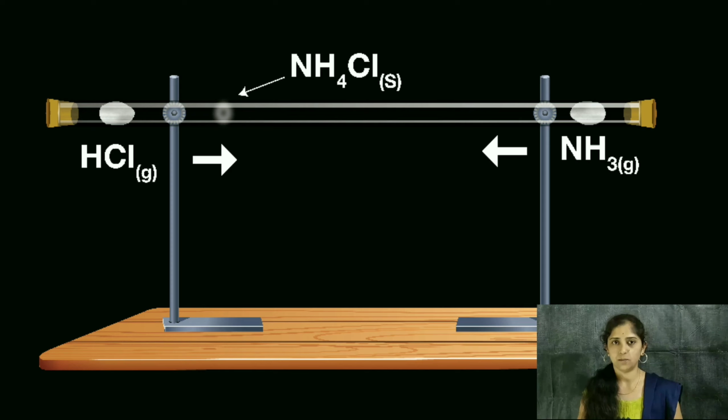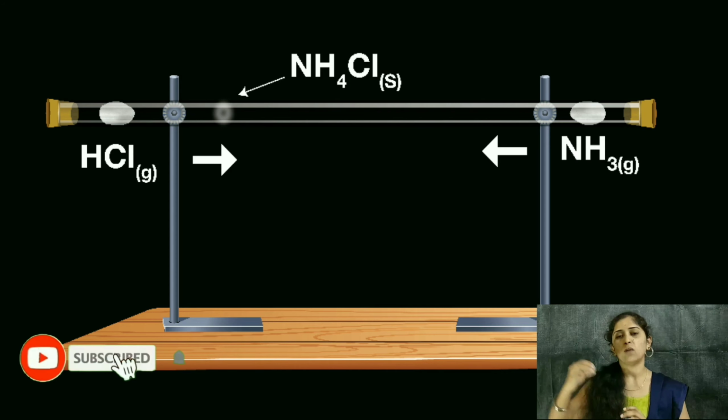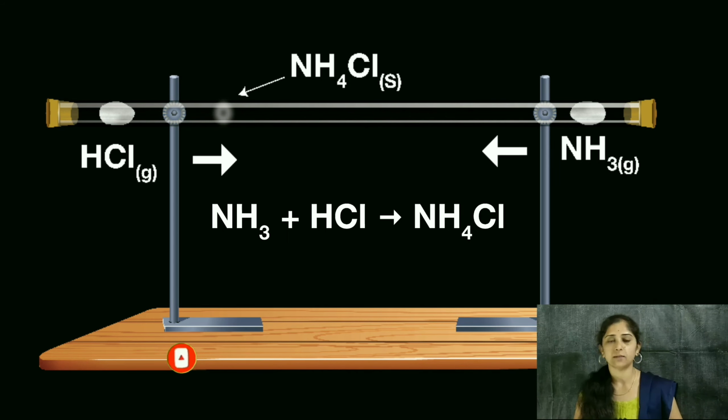When the ammonia gas and hydrogen chloride gas travel through the glass tube, at the point where these two gases meet, one product is formed. That is ammonium chloride, NH4Cl. Due to the formation of ammonium chloride where the two gases mix, we observe the denser white fumes inside the glass tube.